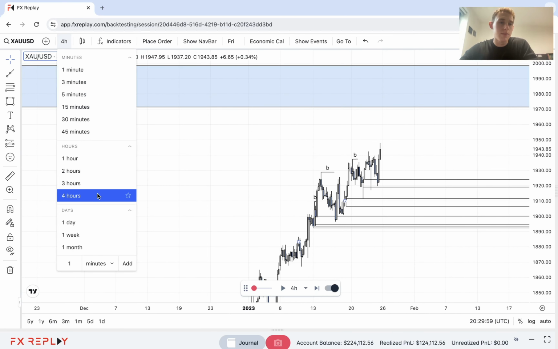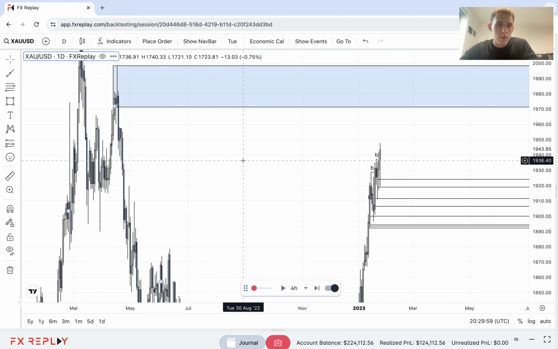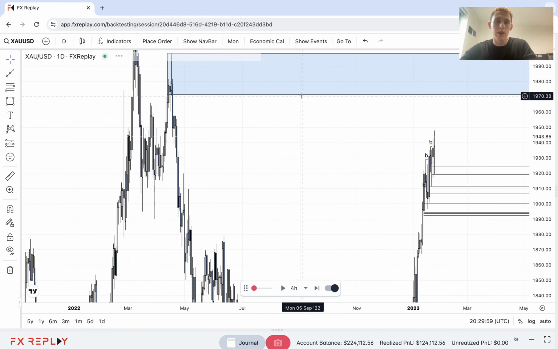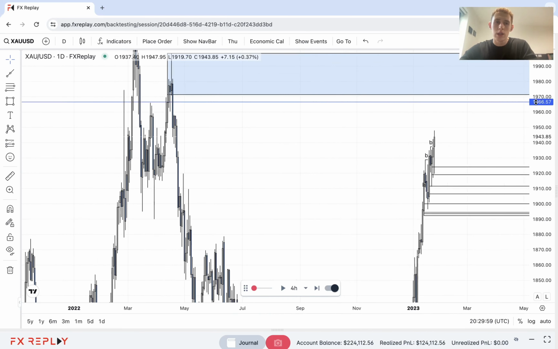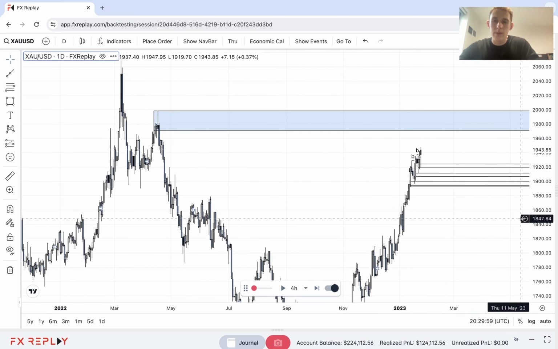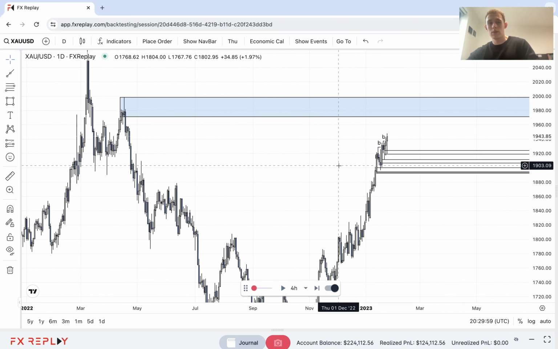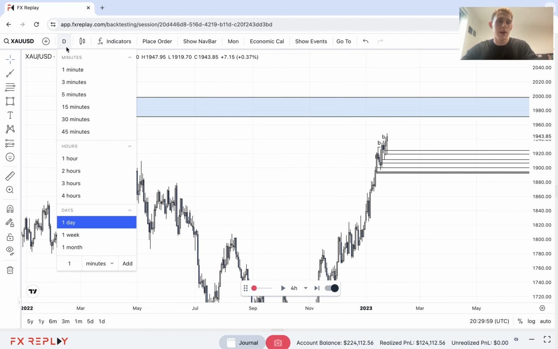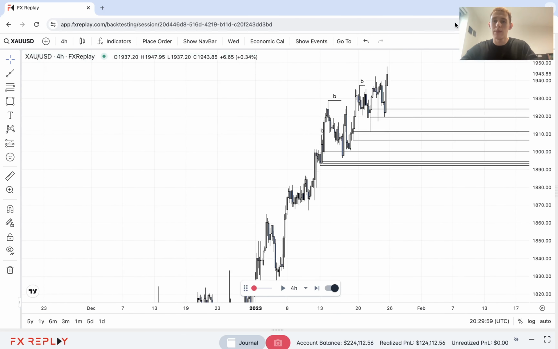And let's see. Price is also within this daily supply. We have the one above as well. So yeah, I'm just going to be mindful that price is in supply.